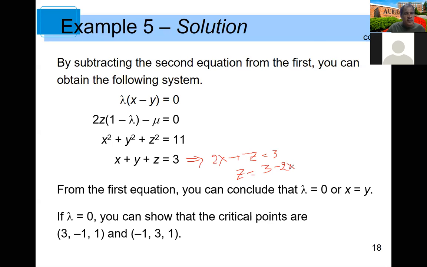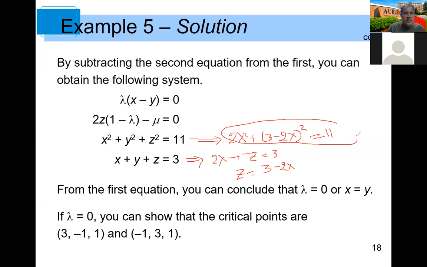If x is equal to y, from this equation, instead of y, I can put x, so that it will be x squared plus x squared. So it will be 2x squared plus z squared, but z is 3 minus 2x, squared is equal to 11.